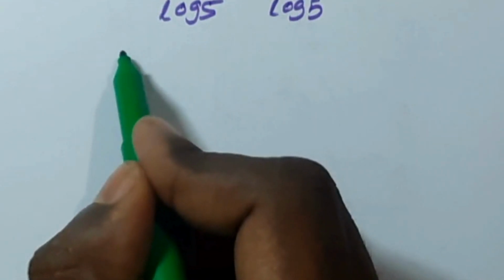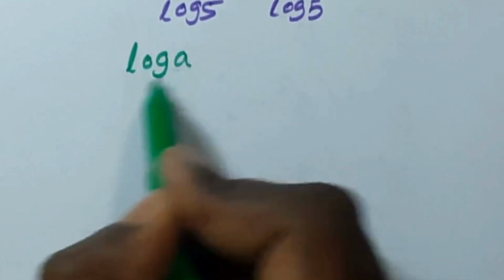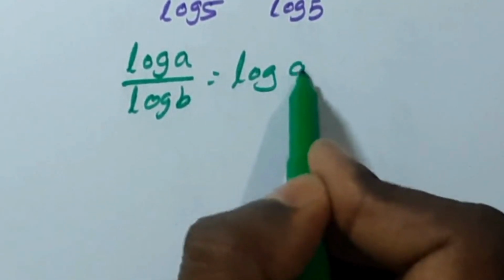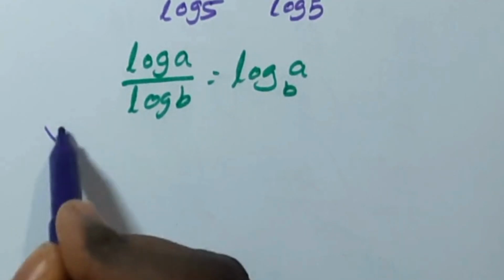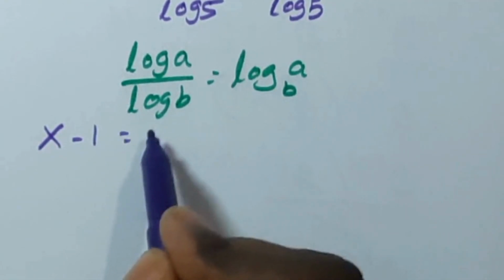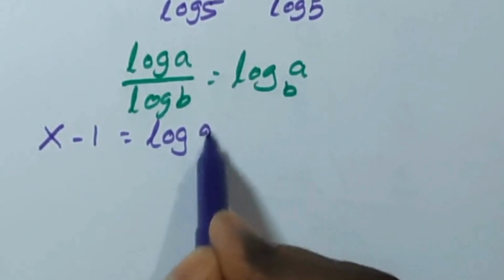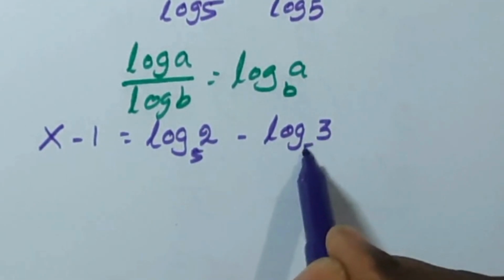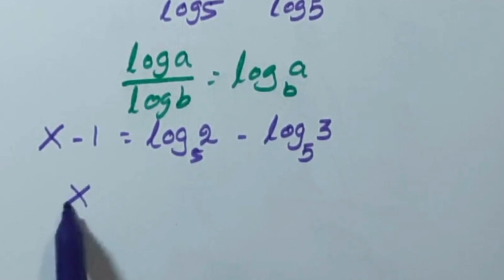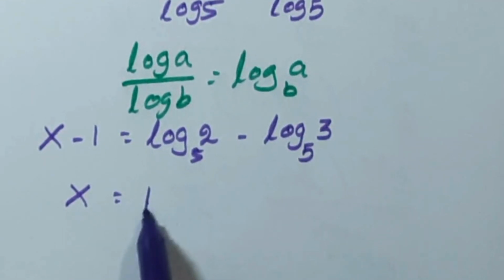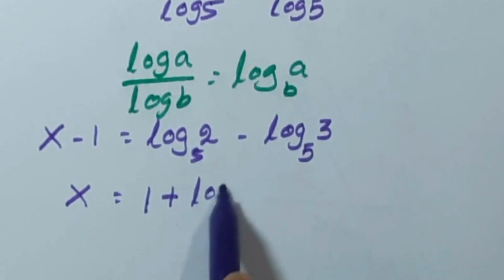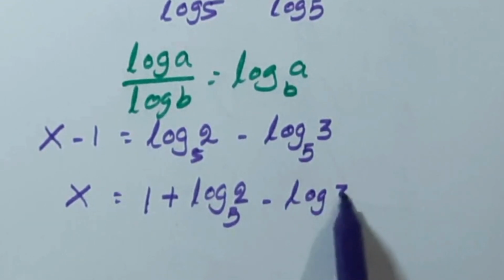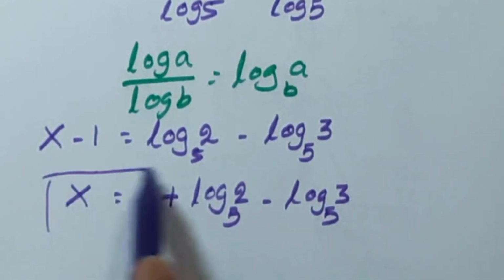Now we are going to implement this formula. Log a by log b equal to log a base b. X minus 1 equal to log 2 base 5 minus log 3 base 5. So x equal to 1 plus log 2 base 5 minus log 3 base 5. This is the x.